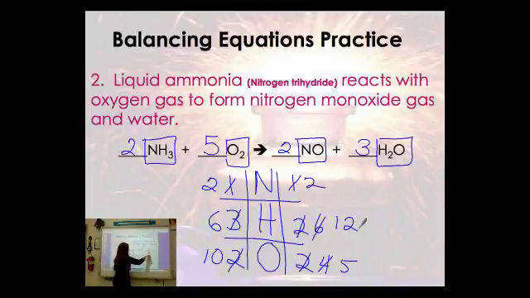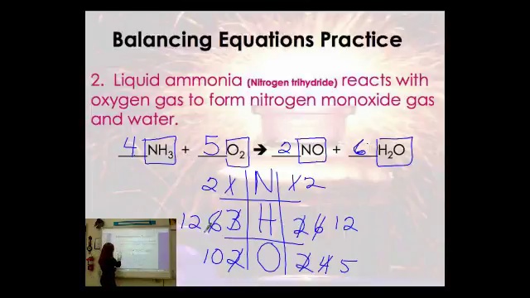If I get 12 hydrogens, I have to change my coefficient out here to a 6. Then to get 12 hydrogens over here, I would have to change this coefficient to a 4. Now my hydrogens are balanced.